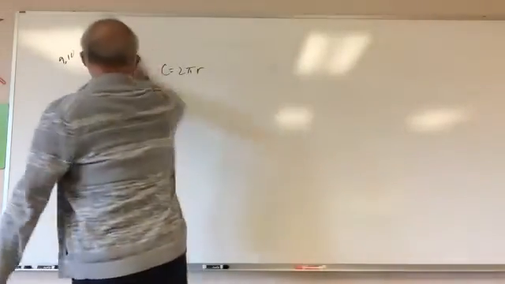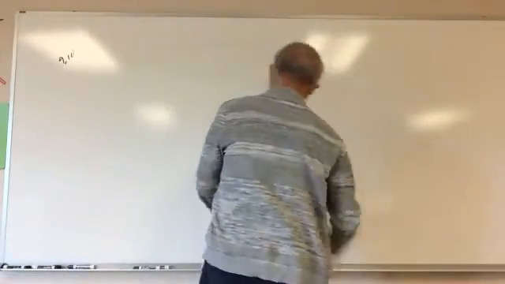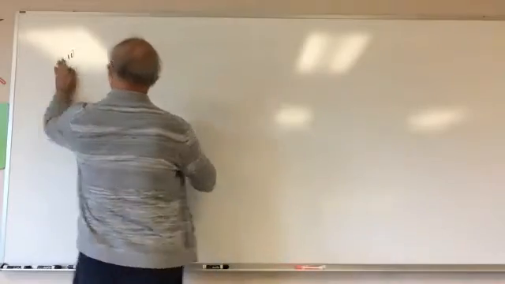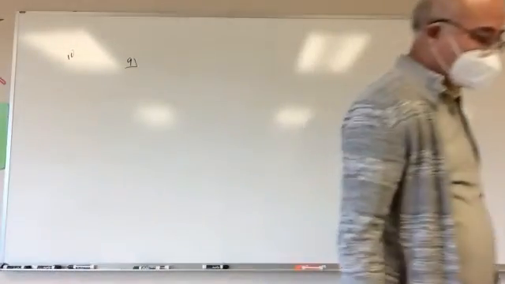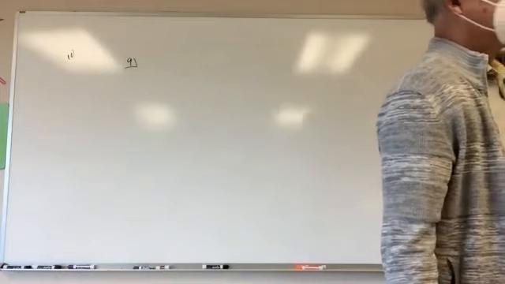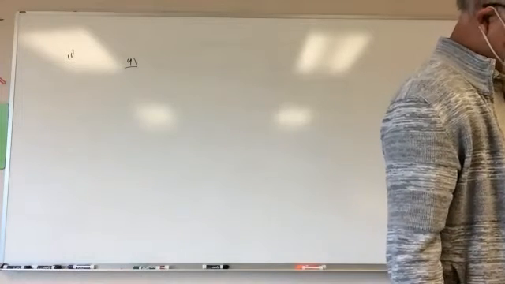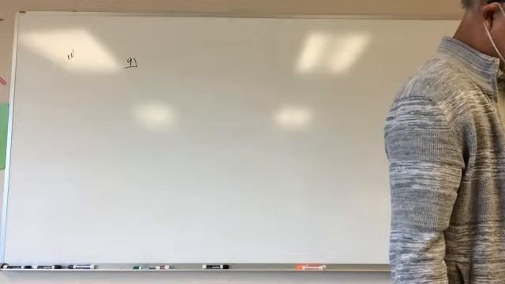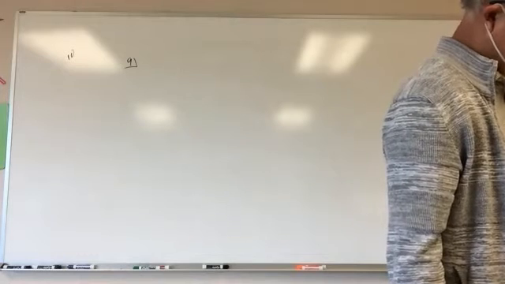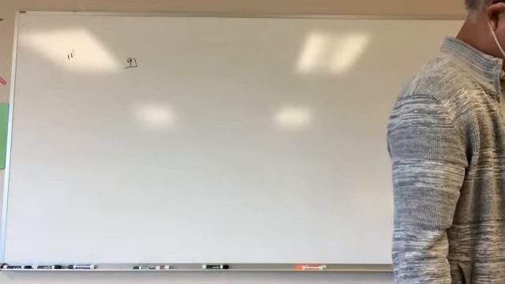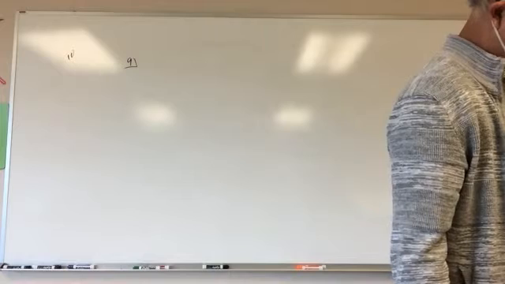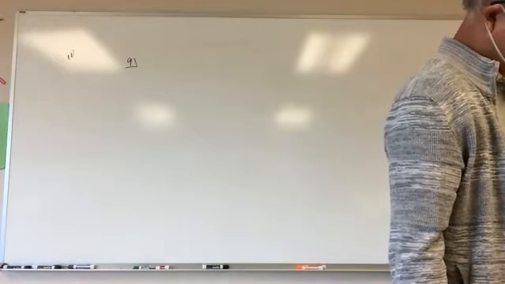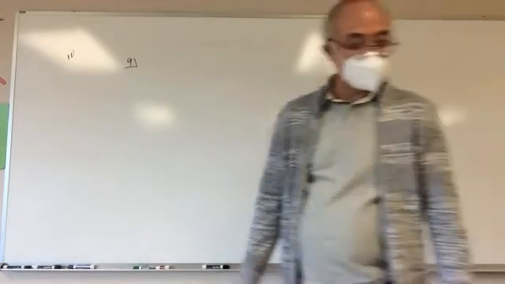Number 9. The diameter of a circle is expanding at a rate of that. Find the rate of increase of the area of the circle. Okay, a couple ways to do this.